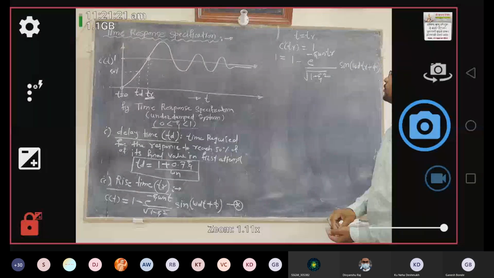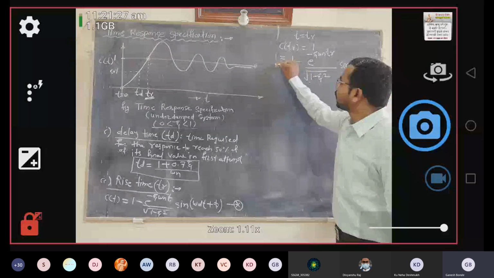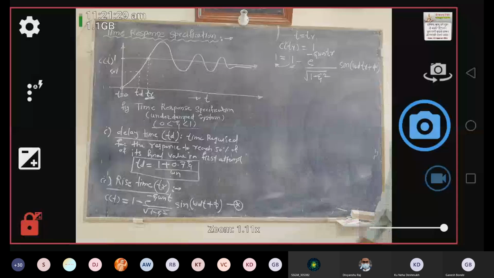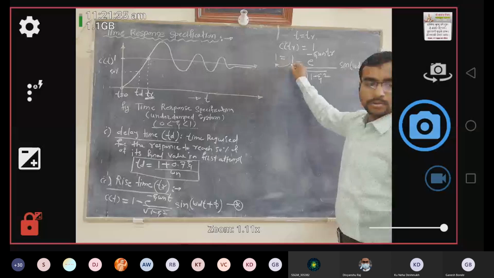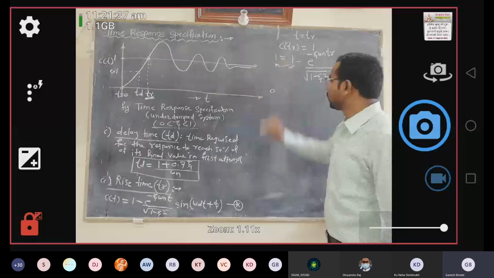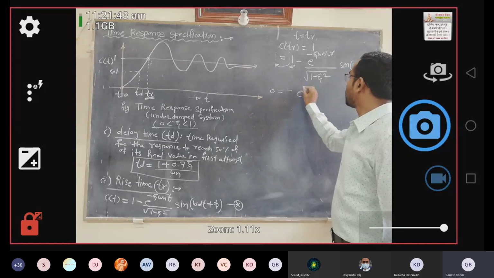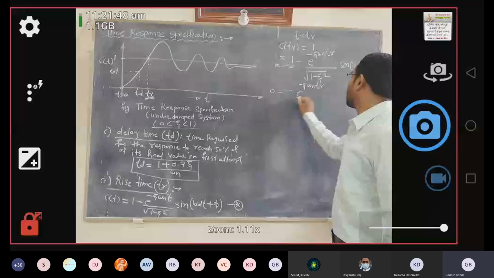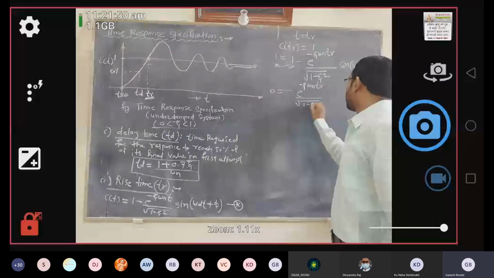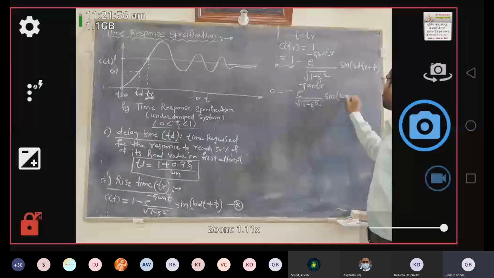Am I correct? Okay, you just transfer this 1 to this side. If you transfer it, it will be 1 minus 1, which is 0, and that is equal to minus e raised to the power minus zeta omega n TR upon square root of 1 minus zeta square, into sine of omega d TR plus phi.